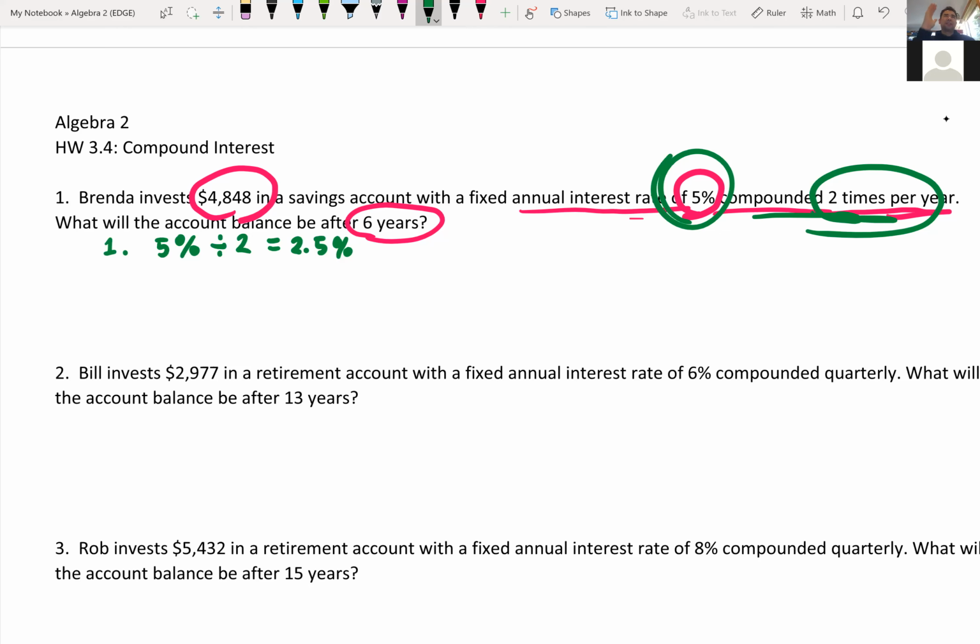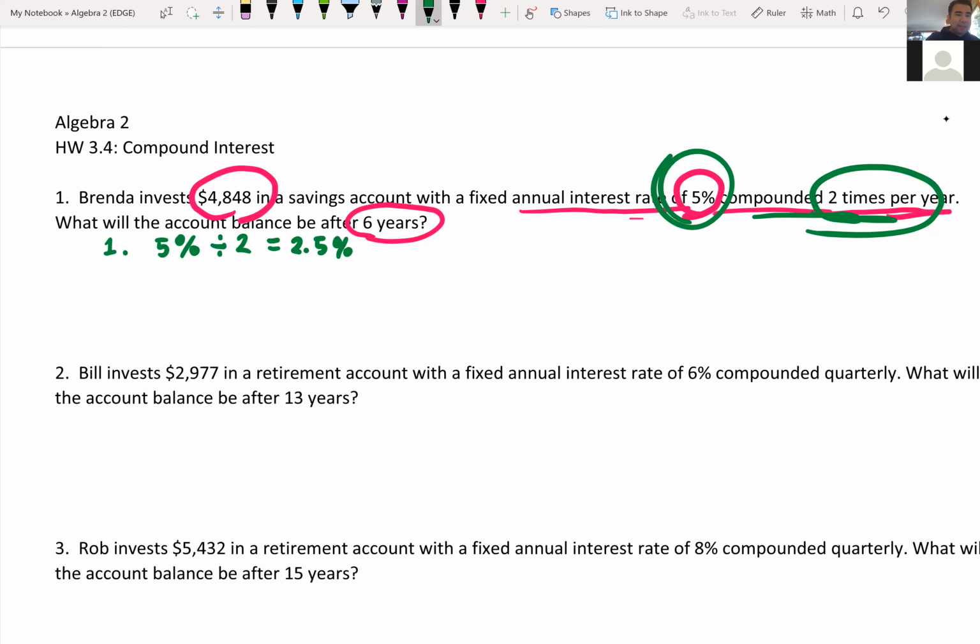So at the end of June, half of the year, you're going to receive 2.5%. And then at the end of December, you're receiving another 2.5%, so the total of 5% a year.